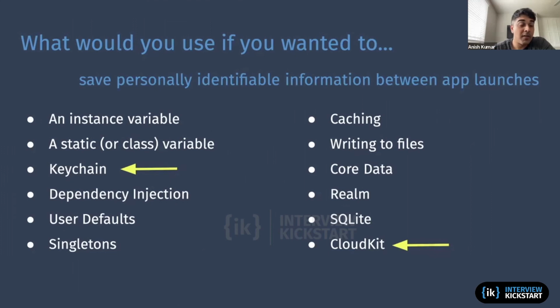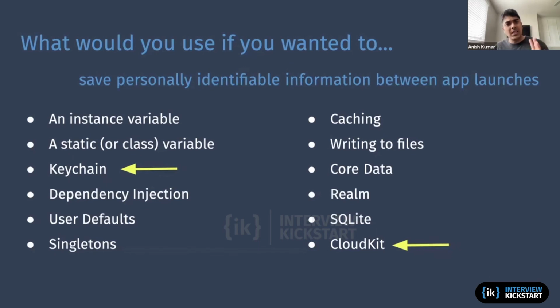So if a candidate gives a solution as user defaults there, then the interviewer would probably think that they're not aware of a solution that exists which also helps with encryption. So the interviewer might ask, oh, but it's private data, how wouldn't you want to encrypt it, and then see how the candidate responds to that.